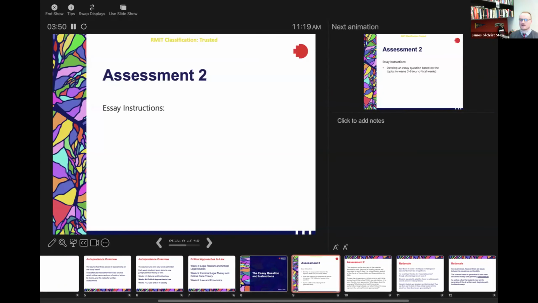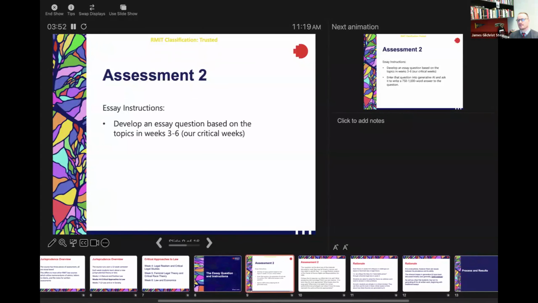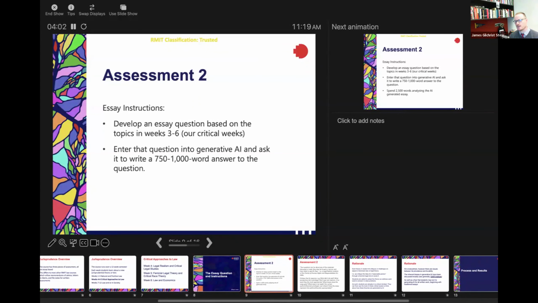How do I set it up? Basically, I ask the students to develop an essay question based on these 3 weeks. This may be about the reading, the theorist, comparative law. I'll give some examples shortly. They then enter this into a generative AI. We're mostly using ChatGPT because it's Juris Doctors.